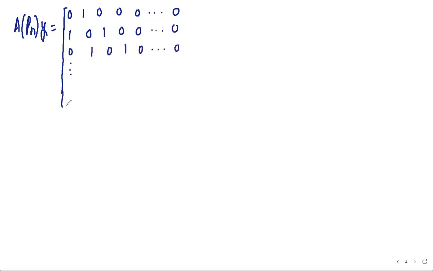And let's write the n minus 1th row. It will have the structure like this: 0, 0, 0, 0, and so on. Suppose we write 3 zeros here, then the last 3 entries in the n minus 1th row will be 1, 0, 1.